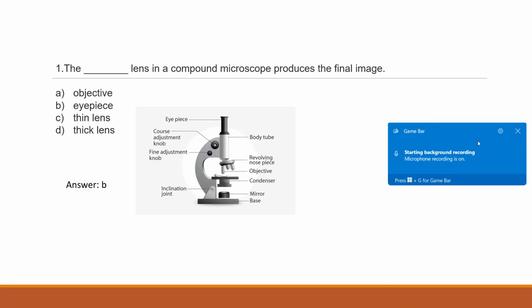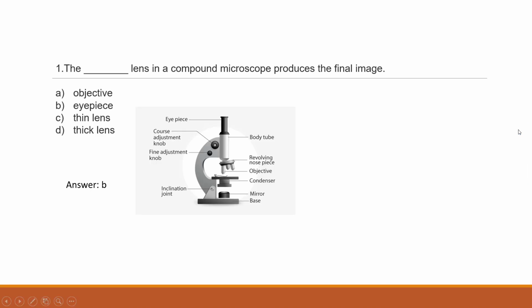For this you have to know the basics of a compound microscope. So this is the body of a microscope. This is the body tube. This is your eyepiece, and then it has adjustment knobs, a coarse adjustment knob and a fine adjustment knob. Then it has an inclination joint where this is fixed, and this is your base.